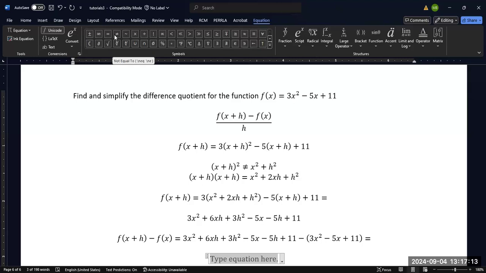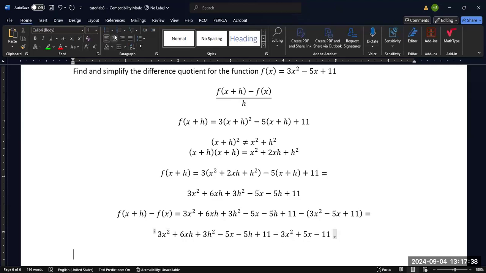So that's going to get us 3x squared plus 6xh plus 3h squared minus 5x minus 5h plus 11 minus 3x squared plus, because minus minus, 5x minus 11.